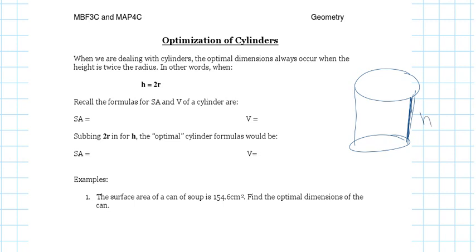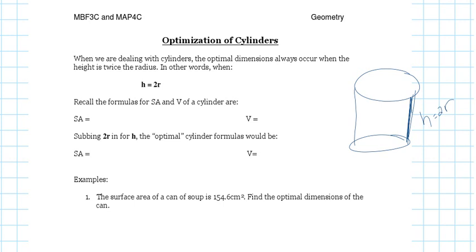That will give you the optimal shape for a cylinder. So let's recall the formula for the surface area and the volume of a cylinder. On your green sheet, tell me what the surface area of a cylinder is and what the volume of a cylinder is.